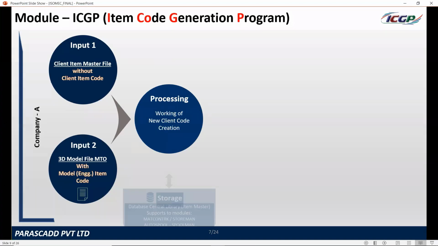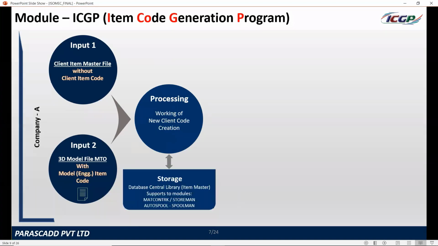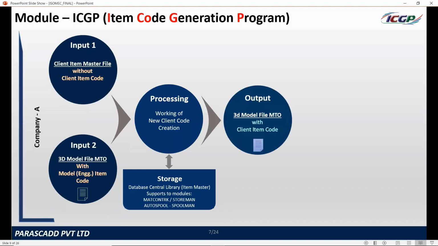Once the item codes are generated, we can store them in our library, that is the item master, for our other softwares, that is MetContract, StoreMan, AutoSpool, and Spoolman. What you get as output is a 3D model file with your client item code merged with it.